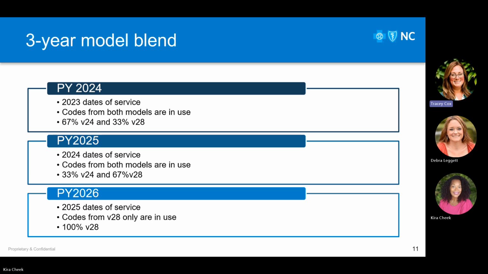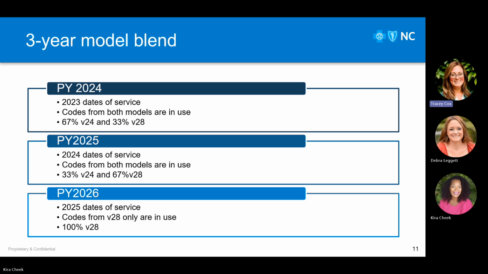Coefficients for codes from V24 will be reimbursed by CMS at 67%, and those from V28 will be reimbursed by CMS at 33%. Coefficients for codes that appear in both models will be reimbursed at 100% by CMS.